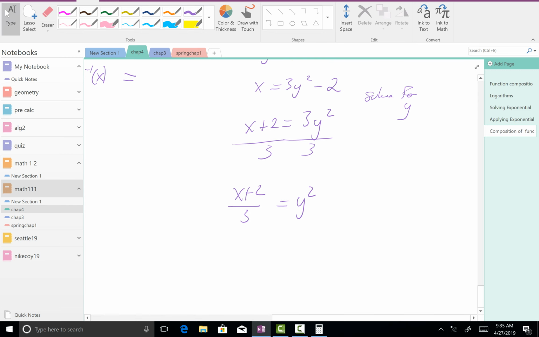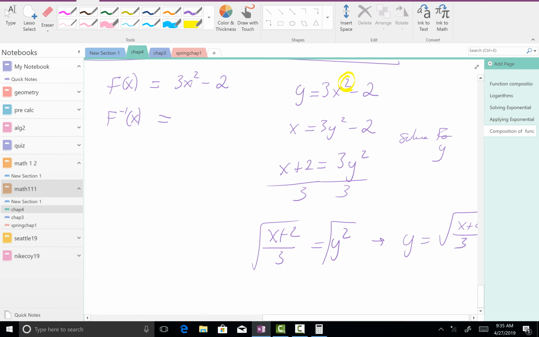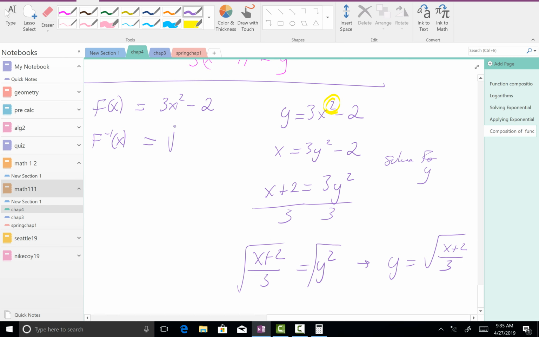And how are we going to get rid of that square? Square root, right? Okay. All right, so let's pause for a second.